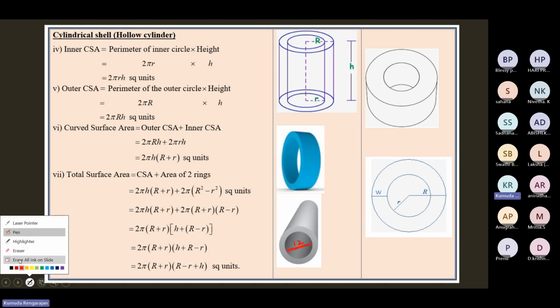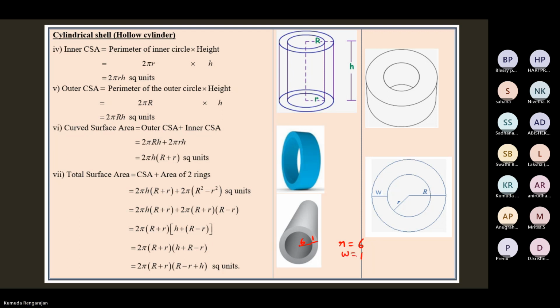So the inner radius, small r, is 6. Then the thickness is 1 centimeter, from here to here. W is 1. So what is capital R? 6 plus 1, not 61. The external radius is 7. And the length of the pipe or the tube is nothing but the height of the cylinder.